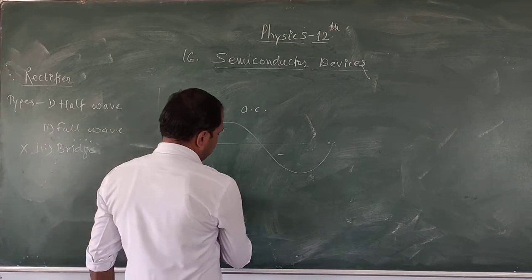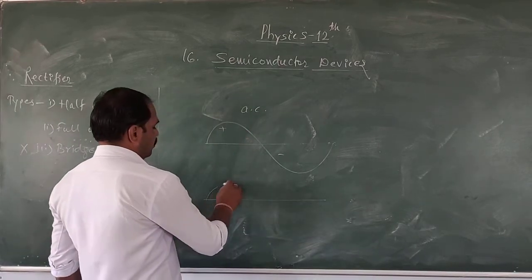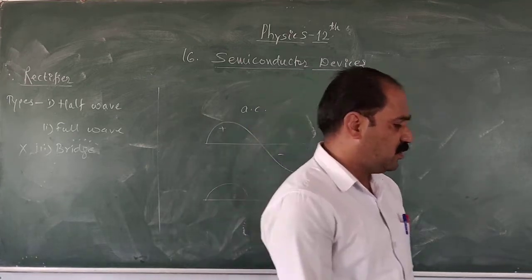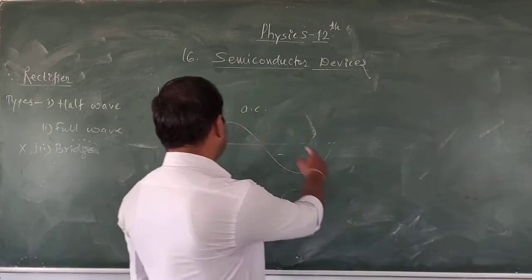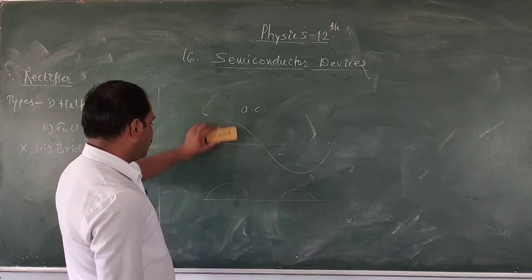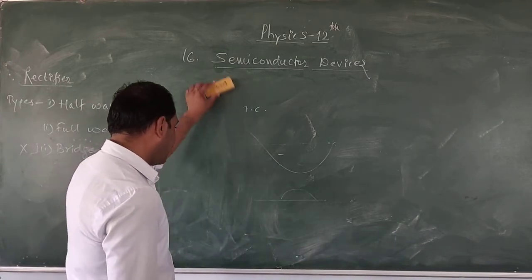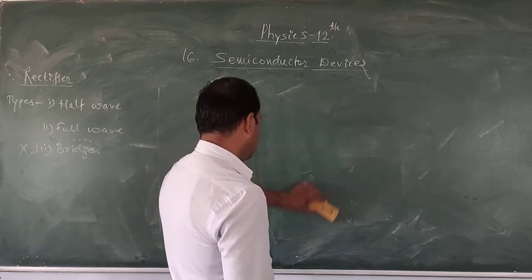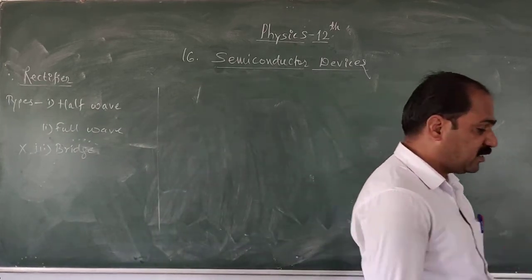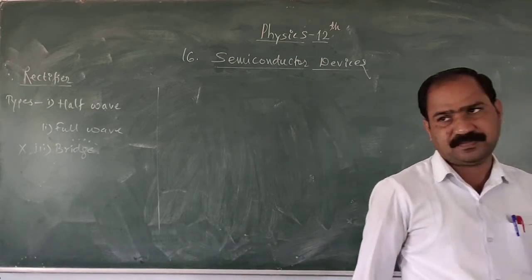DC does not have two cycles. There are two half cycles in AC, here is only one half cycle. So we have to convert the AC supply into DC to run our equipment.